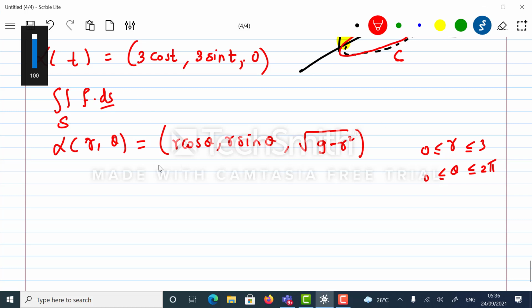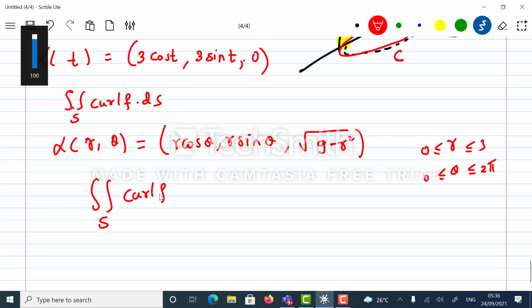Okay, so I need to evaluate curl f dot ds. If you evaluate curl f dot ds, this will turn out to be minus 18 pi.